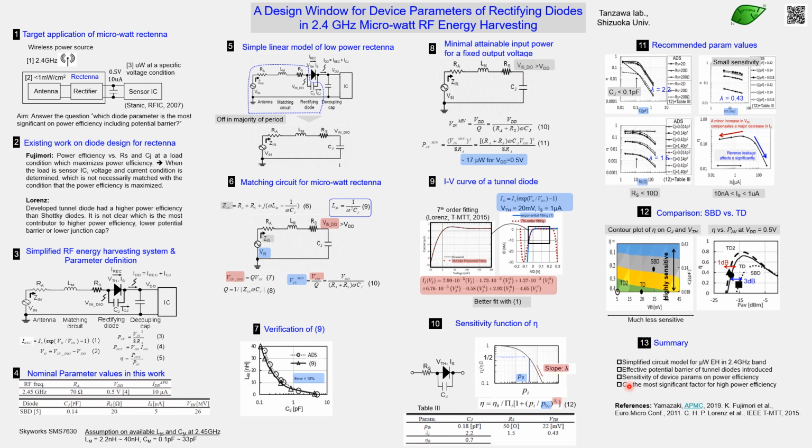And the sensitivity of device parameters was investigated to get a higher power efficiency. And the conclusion was CJ was the most significant factor for higher power efficiency.